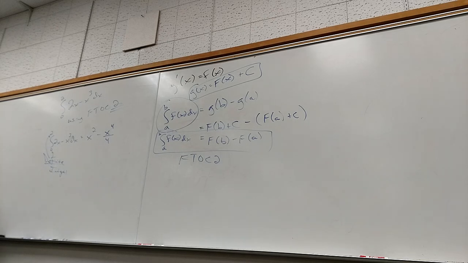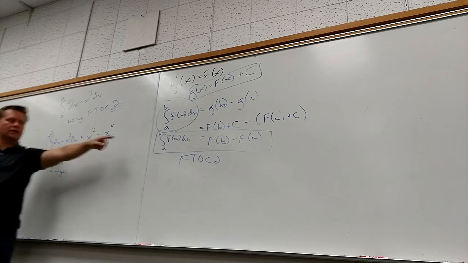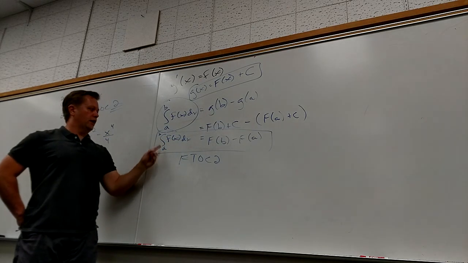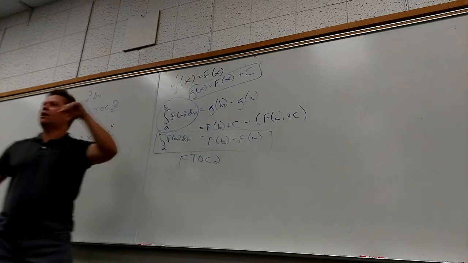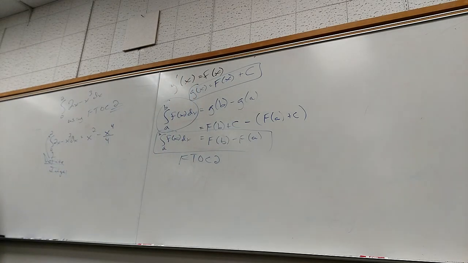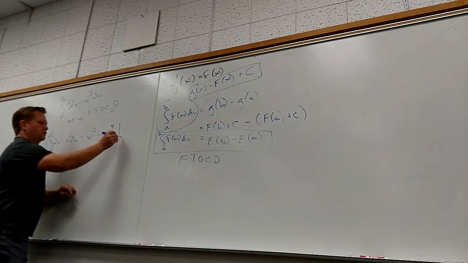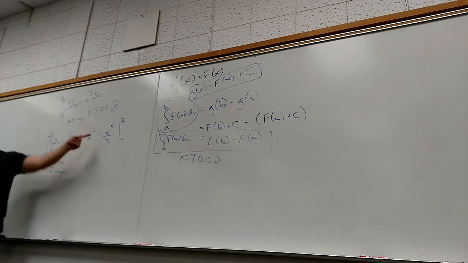Then you better put the plus c. But what do we know is going to happen every time when I have a and b? The c's cancel. So why write it down? That's why people start to forget the plus c, because you don't have to include it on definite integrals. And then here's how I illustrate from 0 to 2. That's the notation we use.